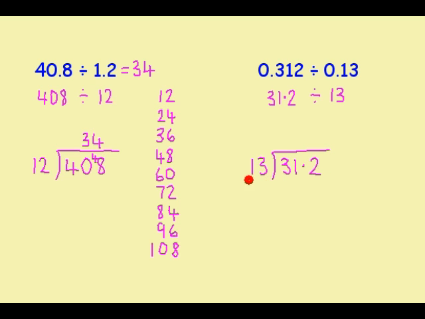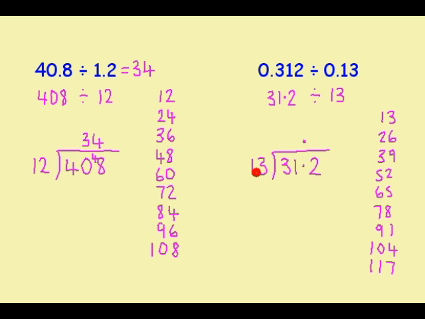Now I'm going to write out my 13 times table to help me. 13, 26, 39, 52, 65, 78, 91, 104 and 117. I've gone up to 9 times 13 and that's enough. Now I can start doing the question, but the first thing I need to do is put my decimal point in the right place.